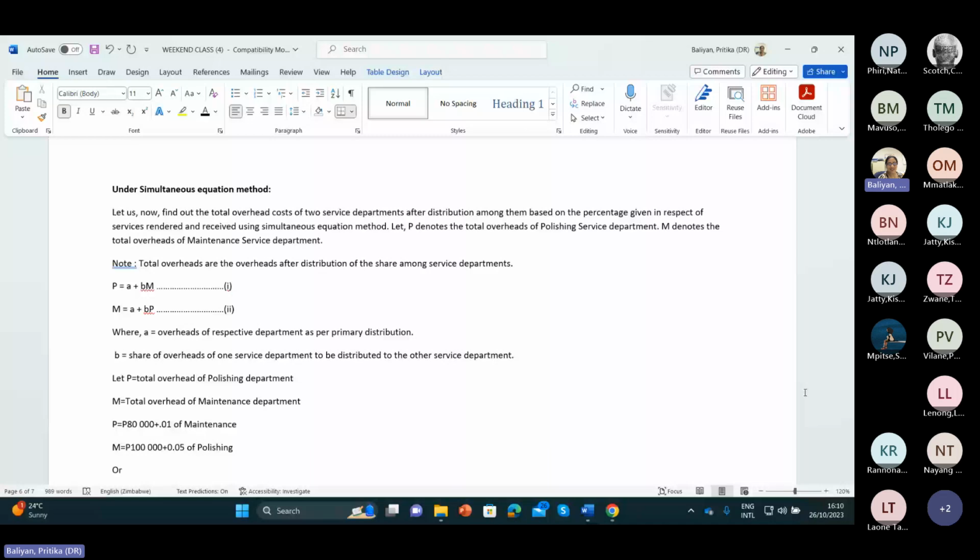So for that, let us assume we want to find out the total overhead cost of two service departments, because this method can be applied when we have two service departments, after distributing among them based on the percentage given in respect of service rendered and received, using the simultaneous equation method.